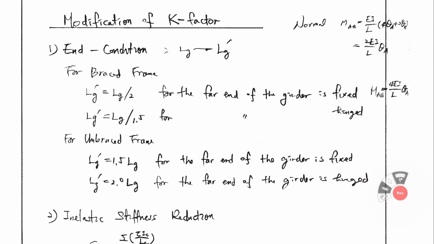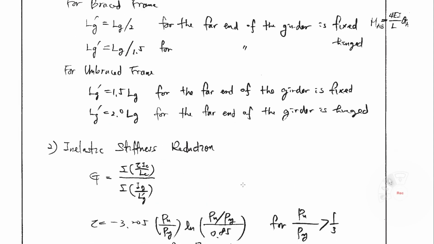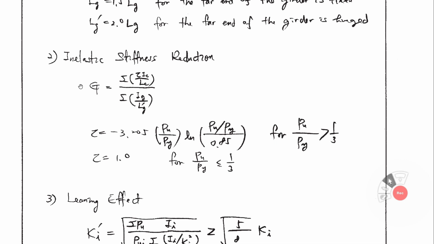And another one is that in the inelastic stiffness reduction, the stiffness ratio, that is the beam or girder stiffness ratio, we have to use LG prime if the far end girder boundary is different. But in this case, we have to introduce tau times IC. Tau means if the column is partially yielding, the stiffness degrades, with Pu over Py greater than 1 over 3.